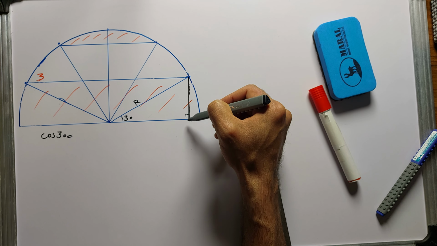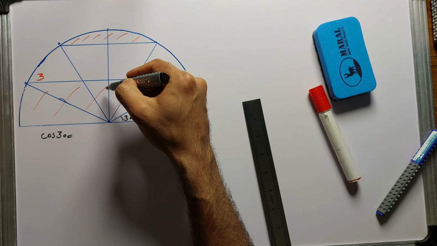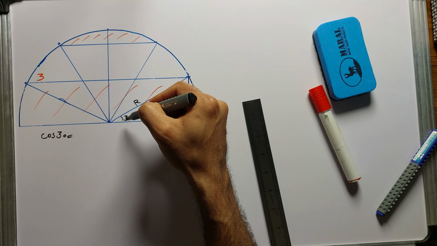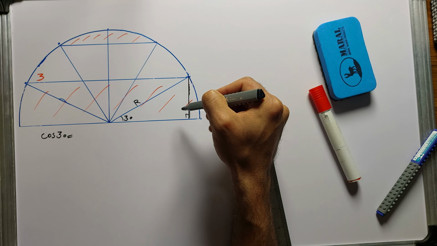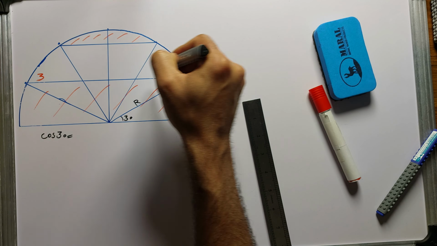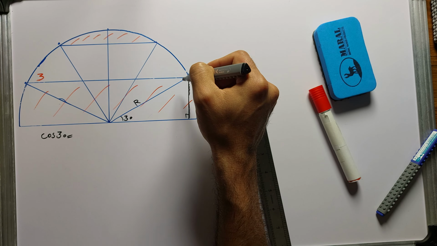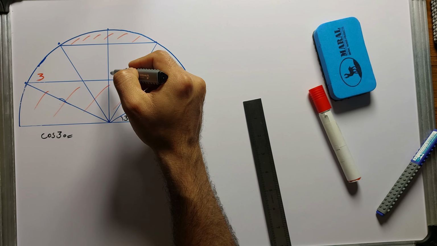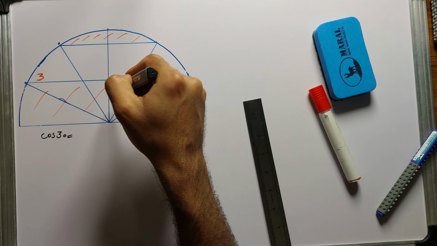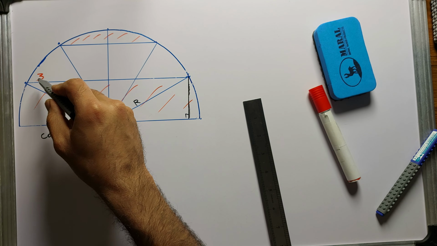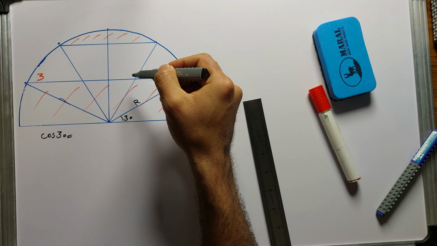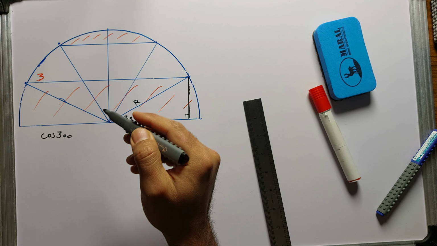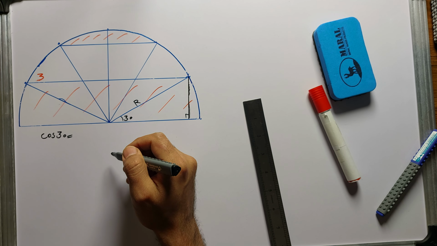Because this is a right angle, this is a perpendicular, and so is this radius, because this is 90 degrees, this forms a rectangle here. If a radius is perpendicular to a chord, it bisects the chord. So if the length of the chord is 3, this length is just 1.5.